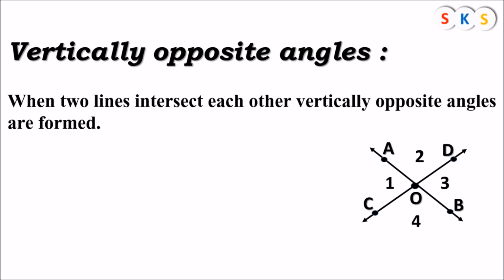In this figure, angle 1 and angle 3 are opposite to each other. So angle 1 and angle 3 is one pair of vertically opposite angles. Angle 1 and angle 3 means angle AOC and angle BOD is one pair of vertically opposite angles.